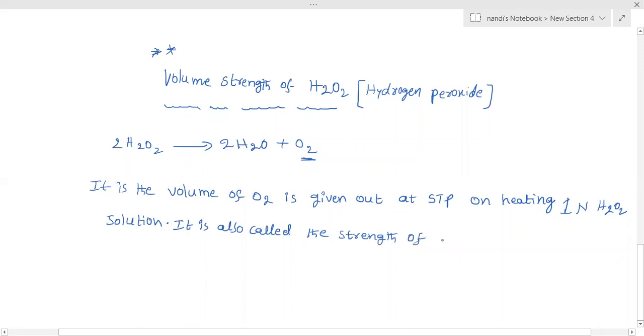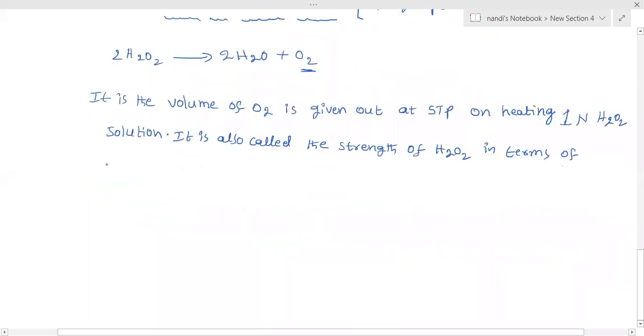The strength of H2O2 is in terms of available oxygen.